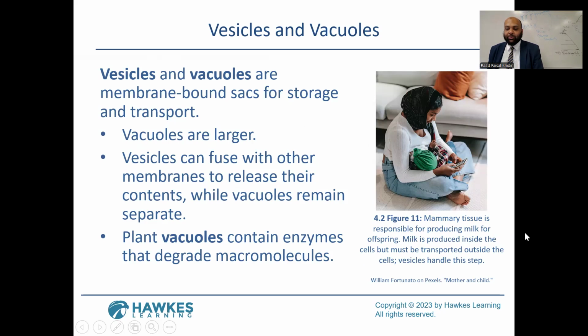Milk is produced inside the cells but must be transported outside the cells, and vesicles are responsible for that. Vesicles are dynamic, they're moving, while vacuoles are static, they stay in their place. Plant vacuoles contain enzymes that degrade macromolecules.